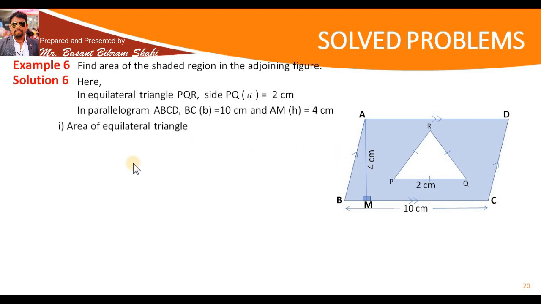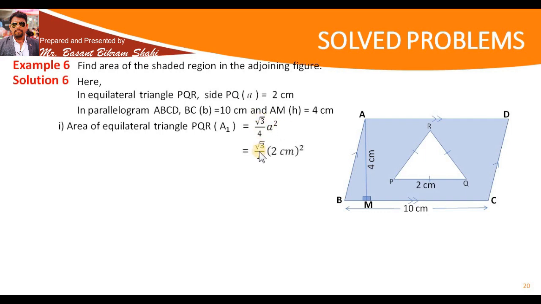Now the first section of calculation, we find the area of triangle PQR. Area of equilateral triangle PQR, we denote it by A1, that is root 3 by 4 a square. So we apply the formula here.